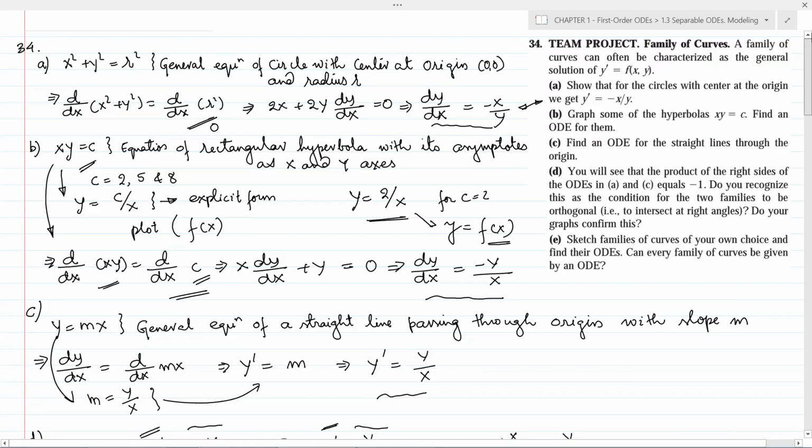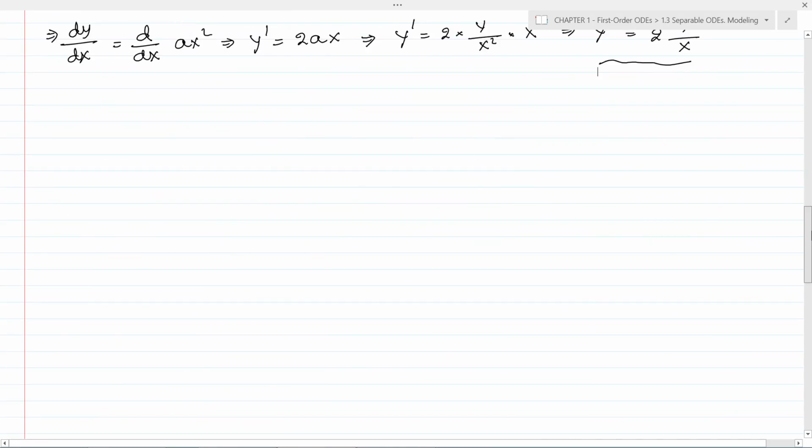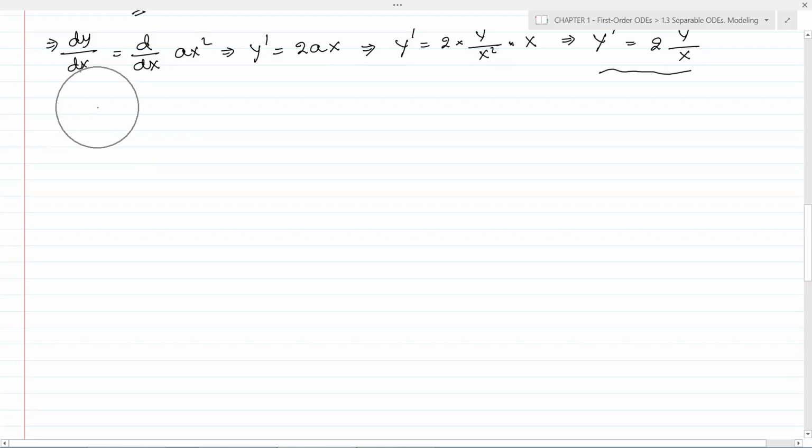Next, the question is asking, can every family of curves be given by an ODE? Let us take a general equation for a family of curves y equal to f of x. Now to find the ODE we have to differentiate both left hand side and right hand side. So we can write dy by dx equal to d by dx of f of x.